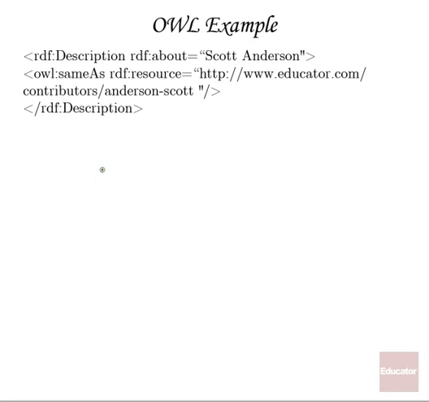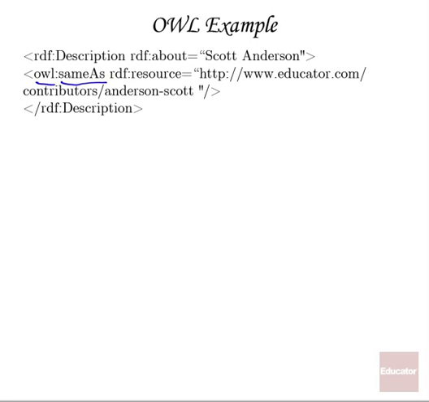So, for example, we might say that if we have an RDF about Scott Anderson, we can use an OWL element, I should say, called sameAs, which makes a reference to Scott Anderson, referred to in one place, being the same individual that's referred to in another place.